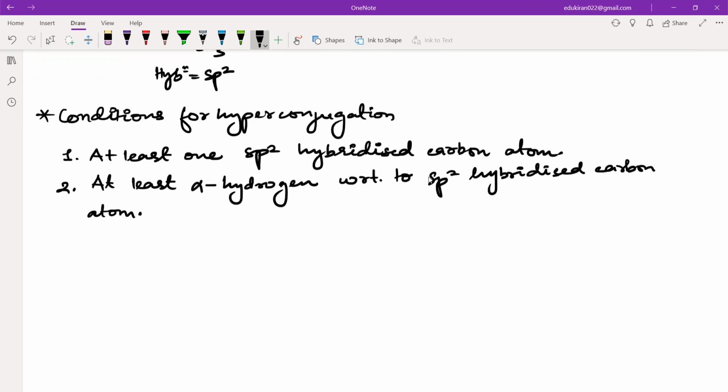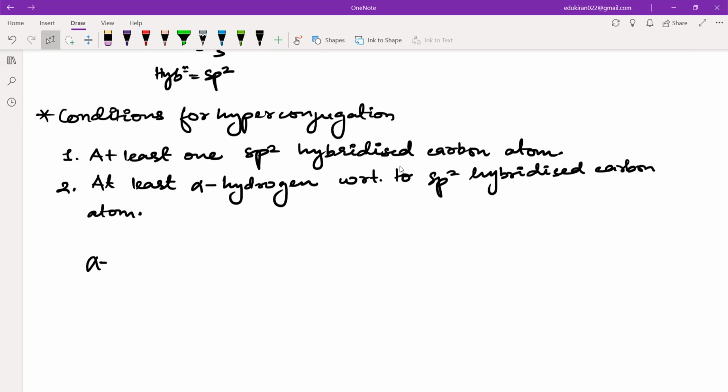So what is alpha hydrogen? For that, you have to remember what alpha carbon is. Alpha carbon means adjacent, that is, the next carbon.